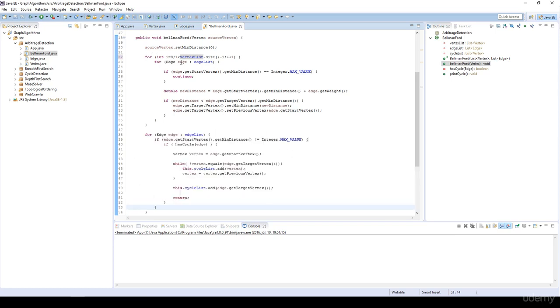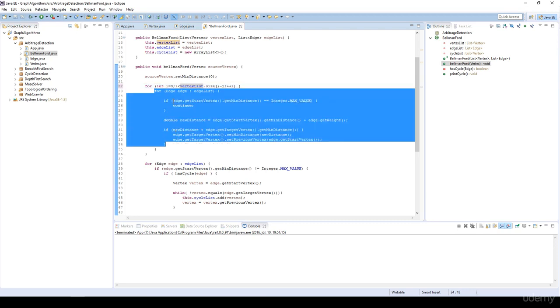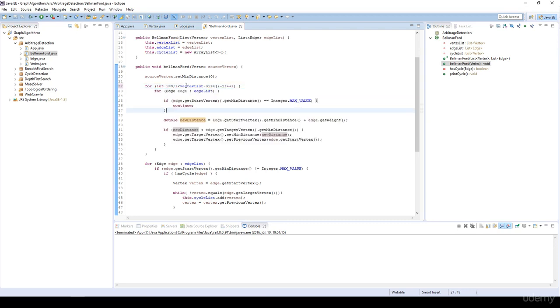But anyway, if you iterate through all the vertices, there's not going to be an error, it's going to work fine, but there's no point in making the last iteration here, so maybe it's a bit better. Okay, and then we iterate through the edges and we relax the edges V minus 1 times, where V is the vertex list size.